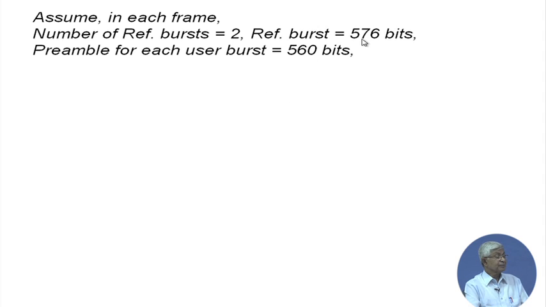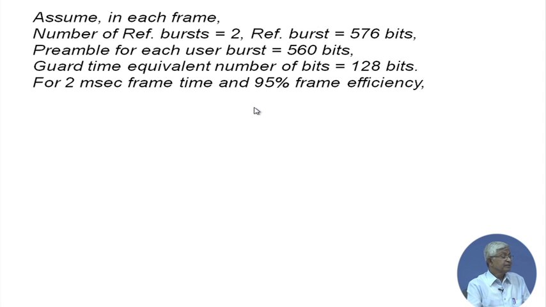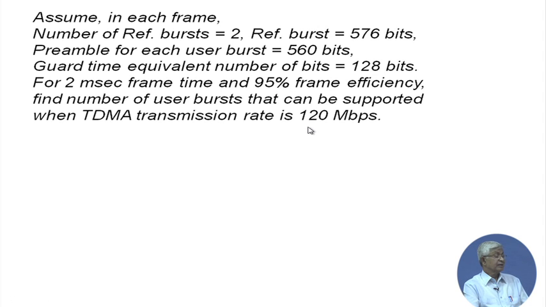So you have reference bits 2 times, and user preamble n times if there are n users, and guard time equivalent bits are 128 bits. Let us take a 2 millisecond frame time and an efficiency of 95%, and of course the bit rate is 120 megabits per second, that is the transmission rate of the user burst.